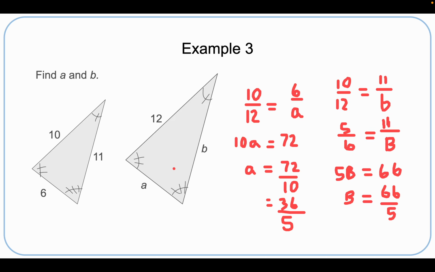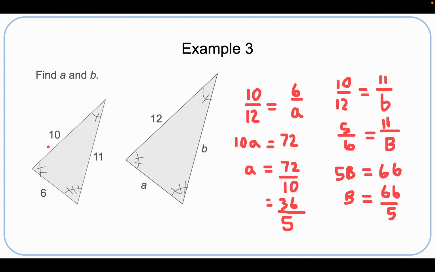And what you want to be sure that you don't do is confuse the order of your proportion. So we did 10 to 12. So I had 10 in my numerator, 12 in my denominator. We don't want to then make that equal to A over 6 because that wouldn't be proportional then.